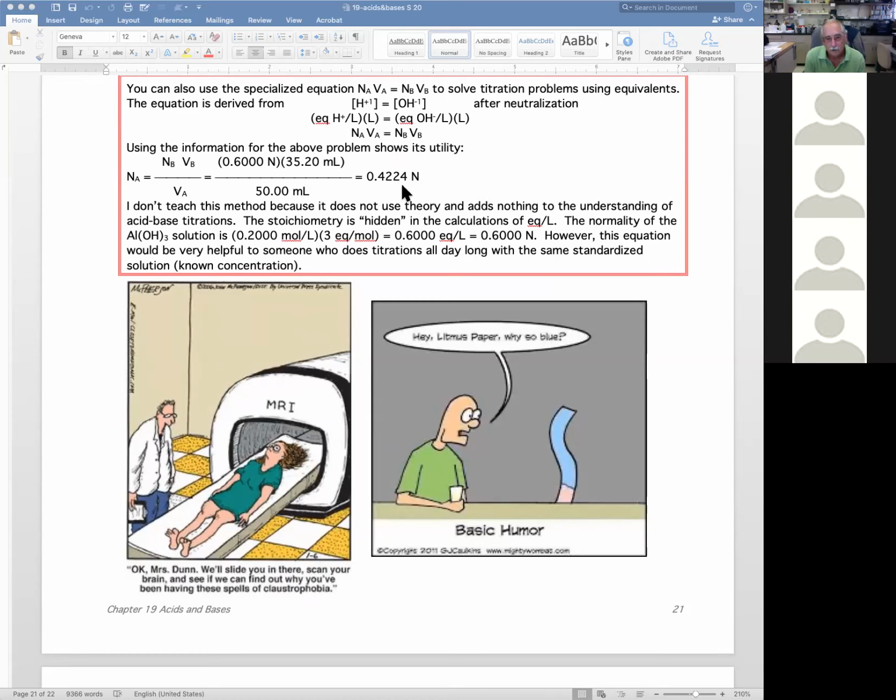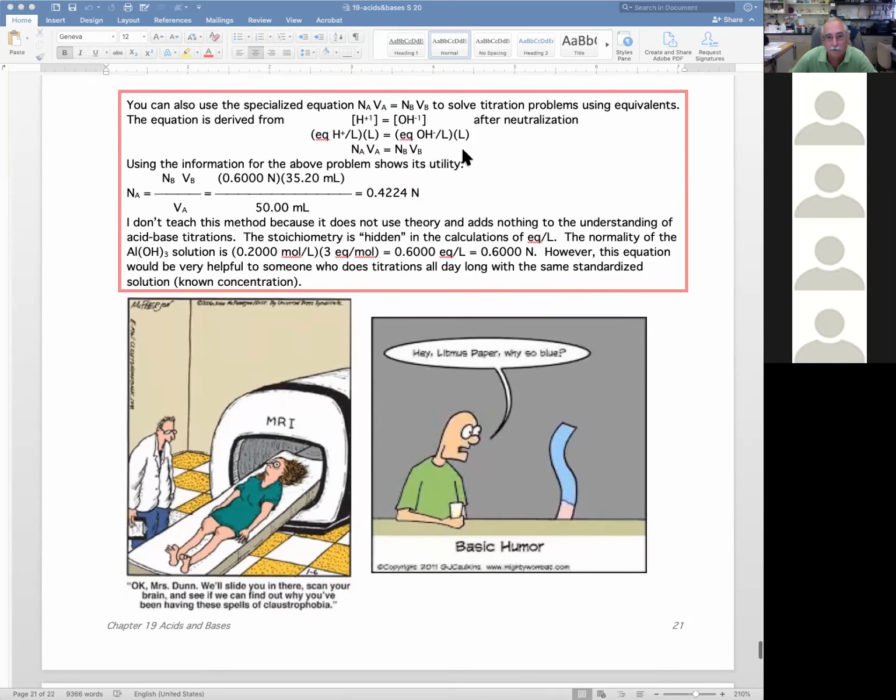So now, if I was spending my whole day doing titrations, yeah, that would be a useful equation to use. But if I'm doing the occasional stoichiometry problem, I'm simply going to use stoichiometry.